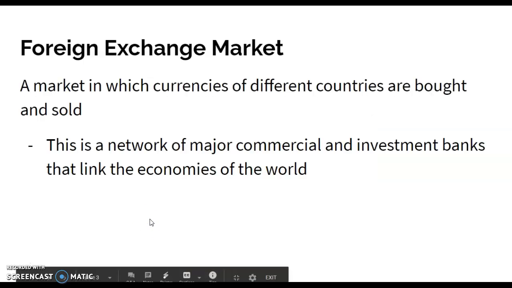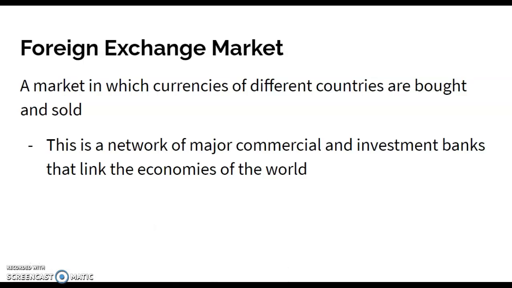So the first thing we talk about is the foreign exchange market. This is a market in which currencies of different countries are bought and sold. This is a network of major commercial and investment banks that link the economies of the world. So if you hear about an exchange rate between the US dollar and the euro or the pound or the yen or whatever the case may be, it's not just a random number.